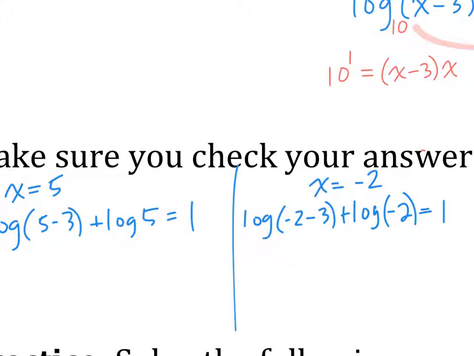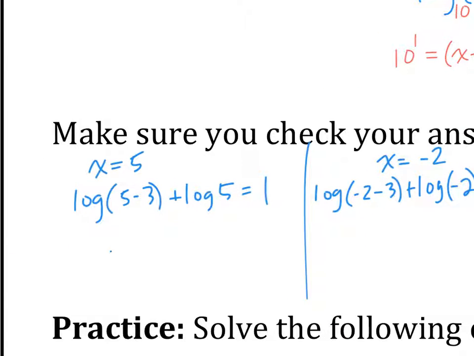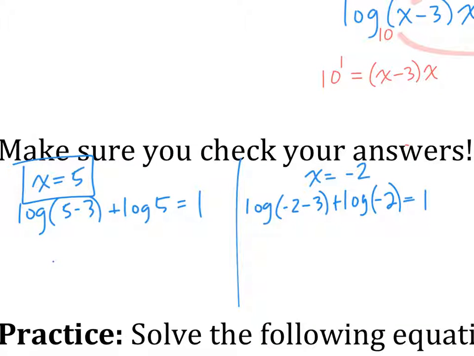Go ahead and plug it back into your calculator and see which one works. If it doesn't work, your calculator is going to say error. 5 works. And if you put in minus 2, your calculator says error, right?